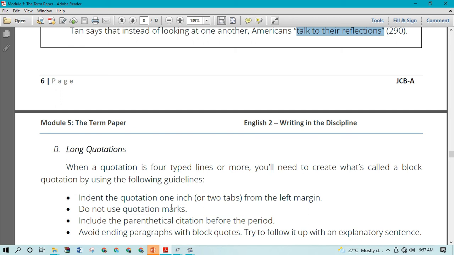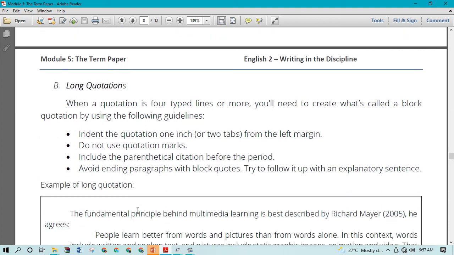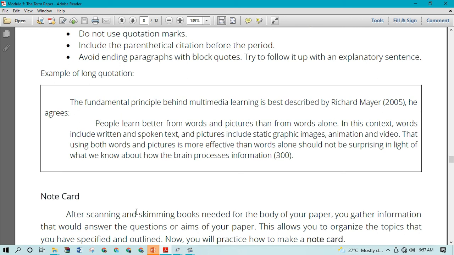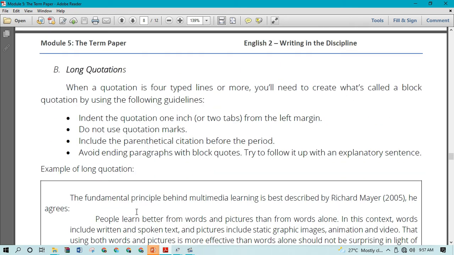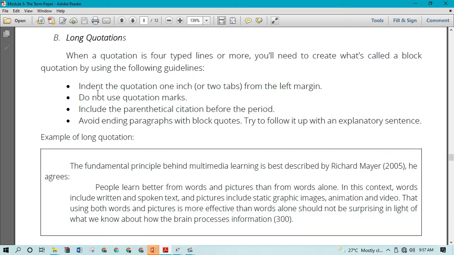Okay, another one is the long quotation. When a quotation is 4 typed lines or more, you need to create what's called a block quotation by using the following guidelines. In a block quotation, you need to indent the quotation 1 inch or 2 tabs from the left margin. So ito yung first indent, dapat may dalawa kang indent or tab.